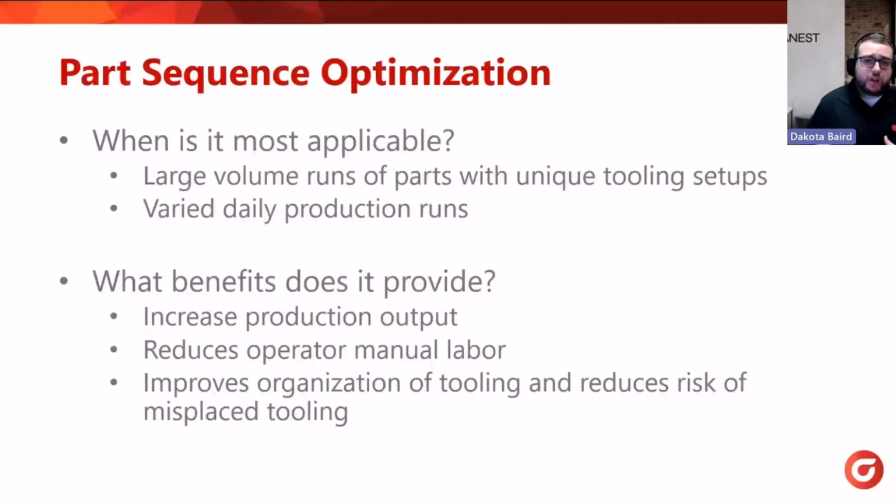Because we're trying to avoid you taking tools off the machine and then having to put them back on the machine. If you can trust that the sequence was optimized very well, you can trust that you're just taking things off the machine and you can put them where they need to go, instead of taking them off and storing them for a part that comes up 2 programs later to put it back on the machine. So still reducing the risk of that misplaced tooling.